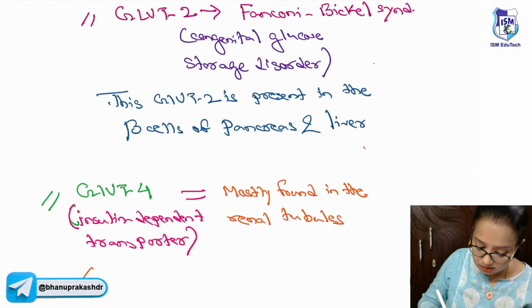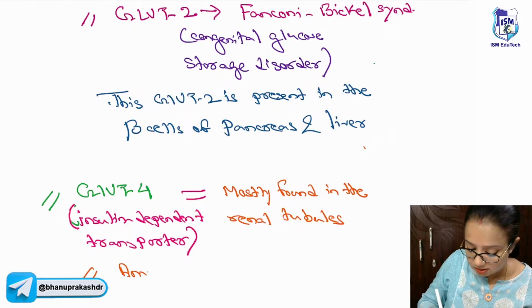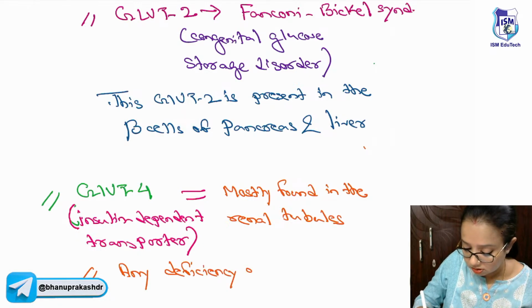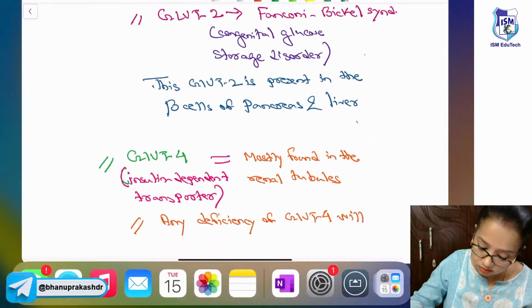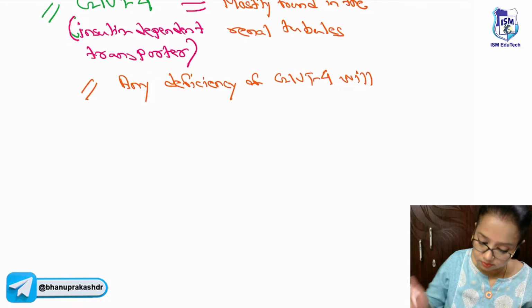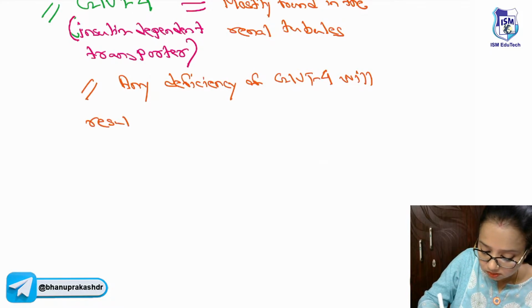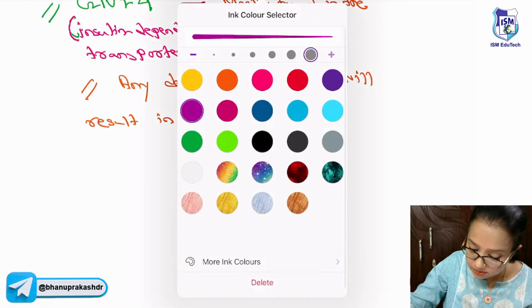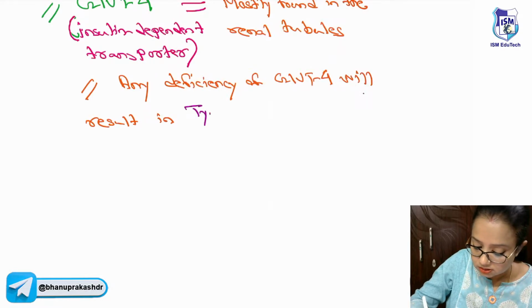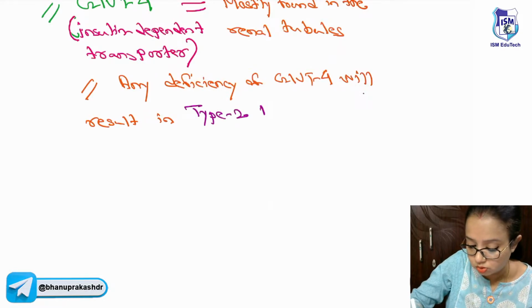Now, if there is any deficiency of this GLUT4 transporter, it will result in a very common disease that many people suffer, type 2 diabetes mellitus.